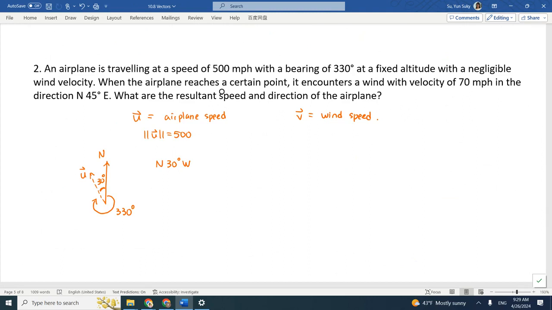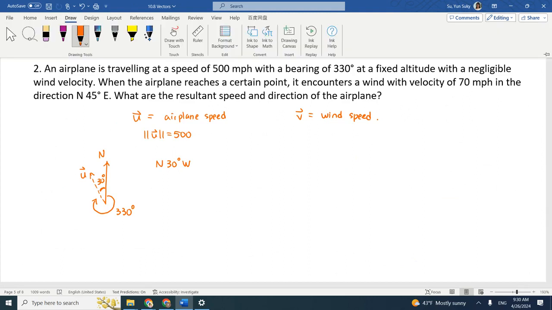Because you go to the east, it's 330 degrees. This is the same as that. Now we want to compute the vector component form of the u. How do we find the vector component form?